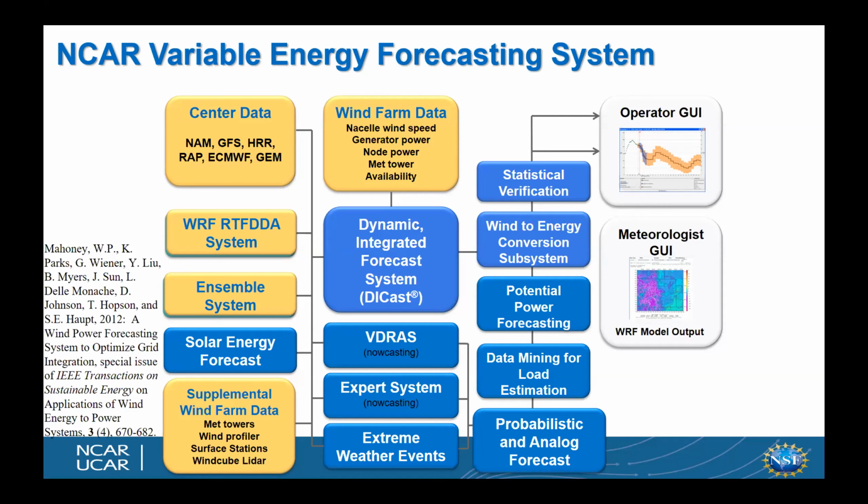Now, in around 2009, NCAR began working with Xcel Energy. Xcel Energy is a utility based in Minneapolis, Minnesota, but has service areas across large portions of the United States, including Colorado, Wisconsin, Texas, multiple areas. They were the utility that first reached the larger percentages of wind power.